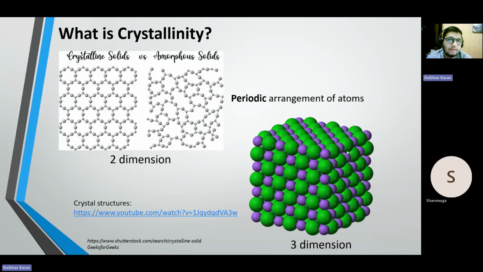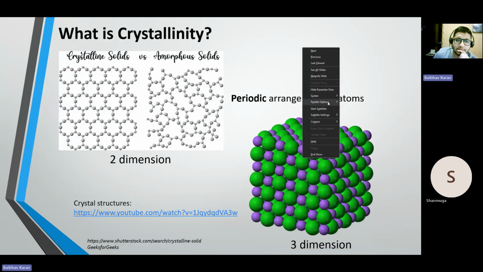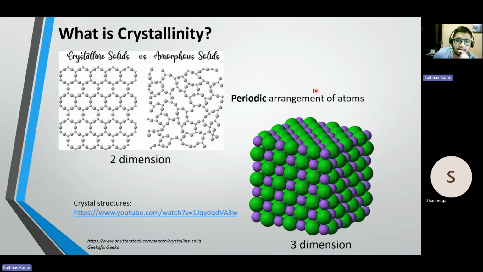As we know from our high school level, solids are divided into two parts. One is crystalline solids, one is amorphous solids. In the case of crystalline solids, there is a periodic arrangement of atoms. This is one statement which you have learned in high school: periodic arrangement of atoms.